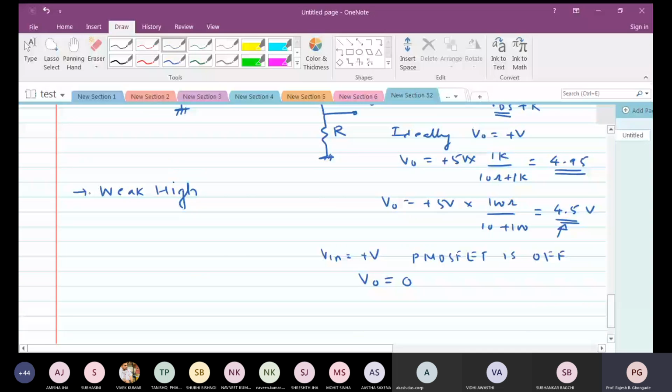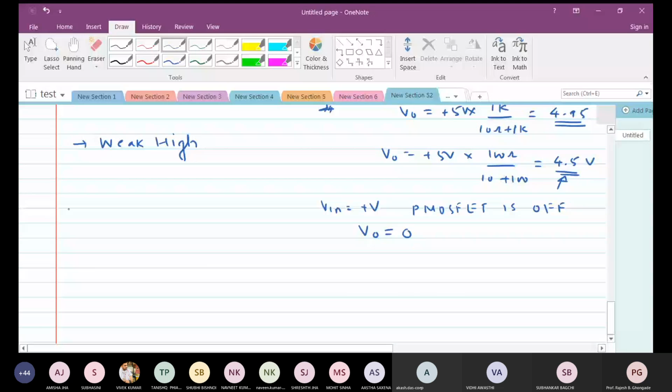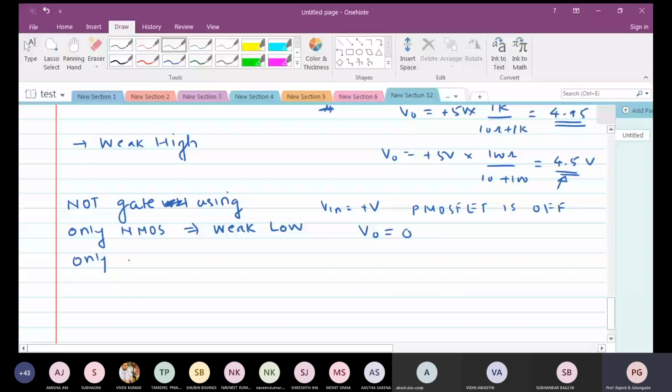So we can summarize that the NOT gate using only NMOS gives me a weak low, and only PMOS gives me a weak high.